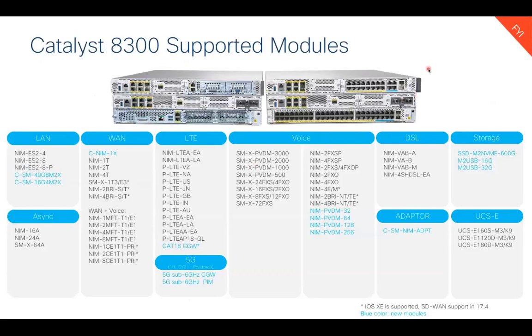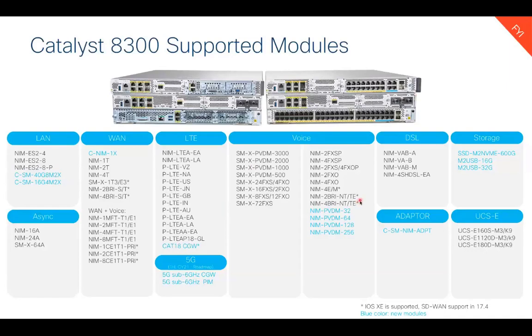Okay, so here is the list of modules that we support on Catalyst 8300 series platforms. 70 plus modules. The modules highlighted in blue are the new modules, and most of them are already launched along with the Catalyst 8000 series platforms.